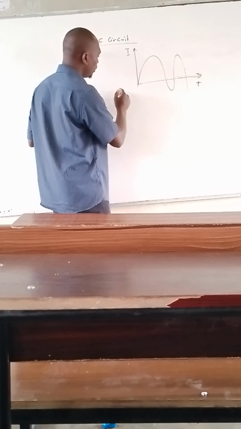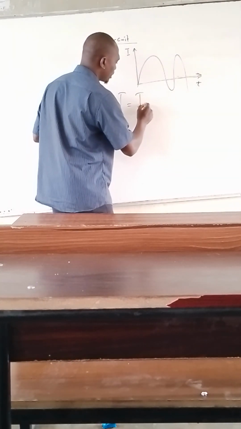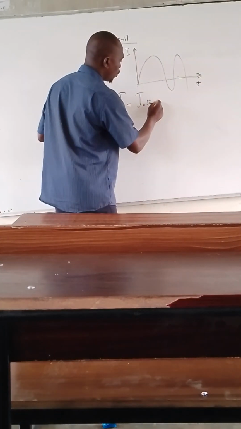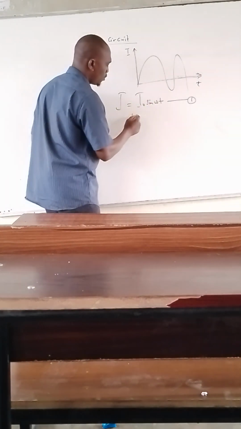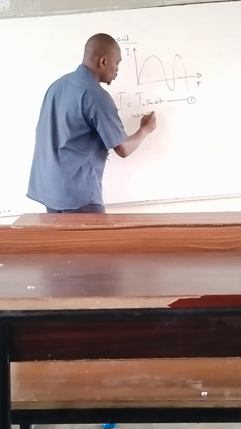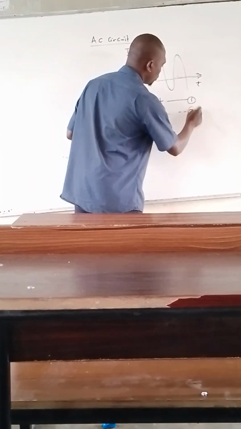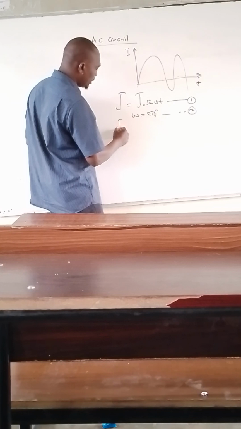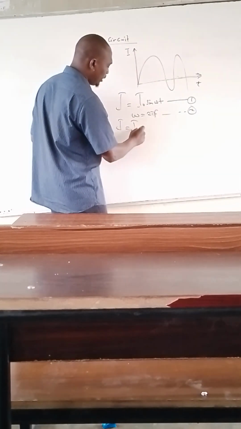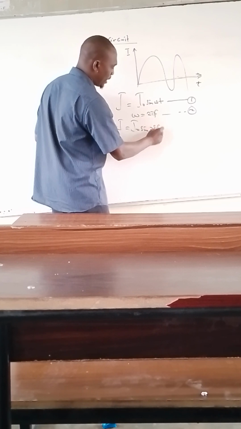Based on this, we have what we call I equals I naught sine omega t. We call it equation 1, where omega equals 2 pi f. We call it equation 2. Substitute equation 2 in equation 1. We have I equals I naught sine 2 pi f t.